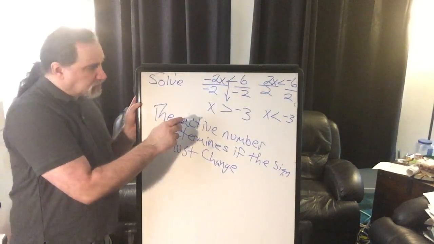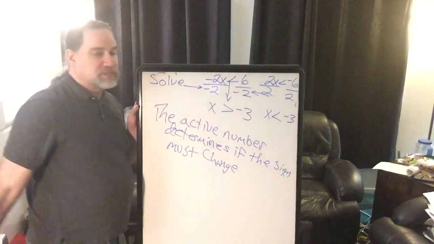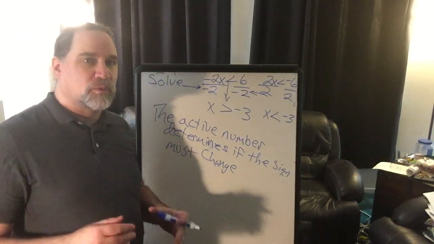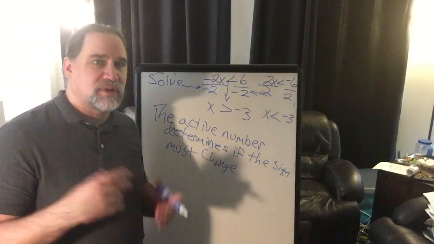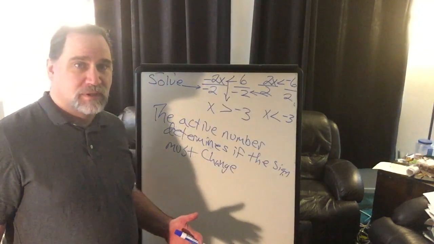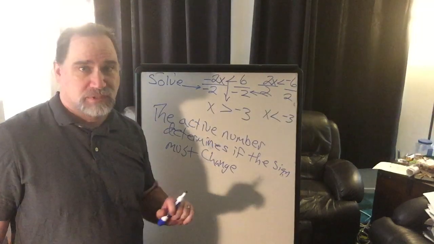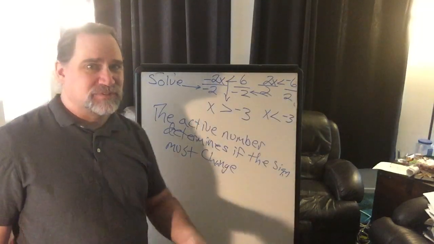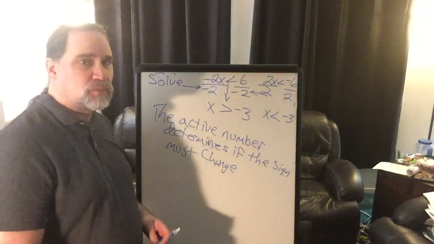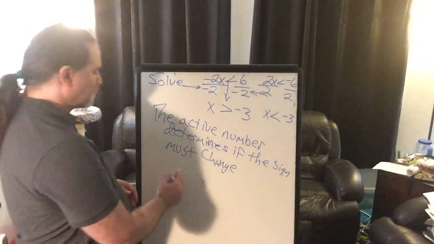So it's only if this number right here, the number that's next to the x, is the number that tells us whether we're going to be turning the inequality sign around or not. If it's negative, we are going to be turning it around. If it is not negative, this number doesn't make a dang bit of difference. Okay, it's the active number, it's the number that is performing the operation that determines whether we will be turning the sign around.